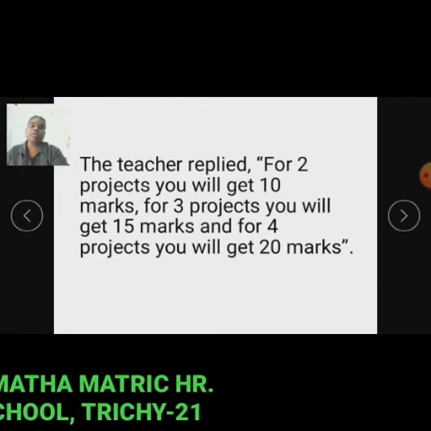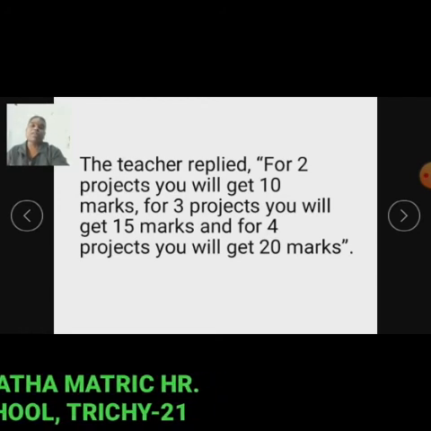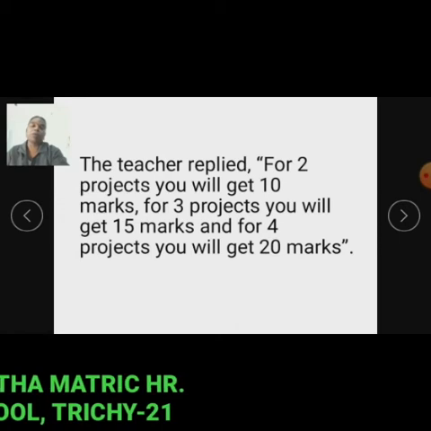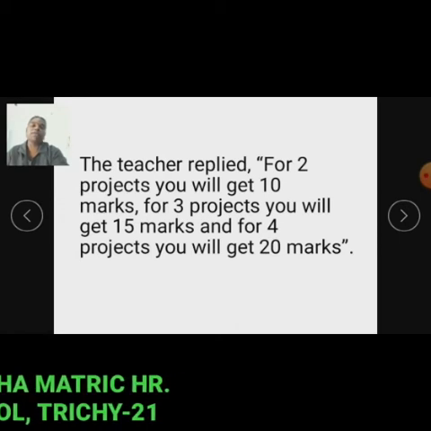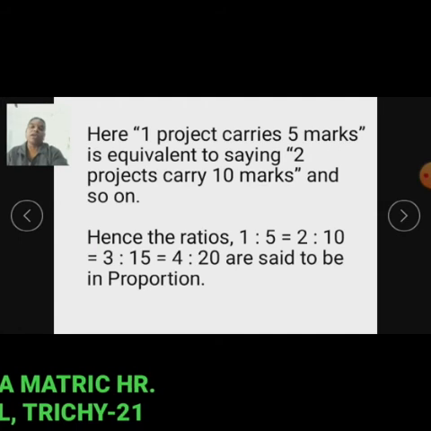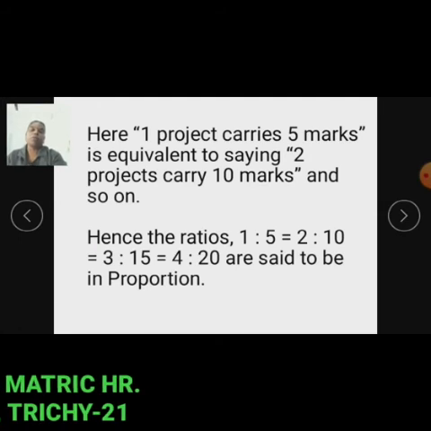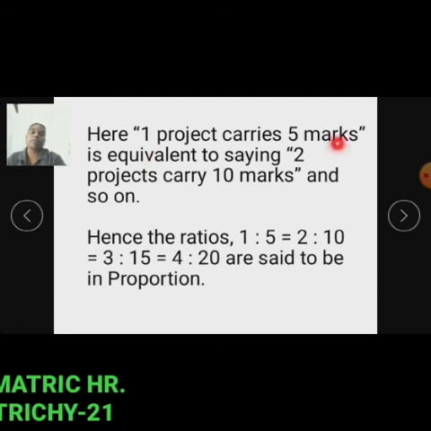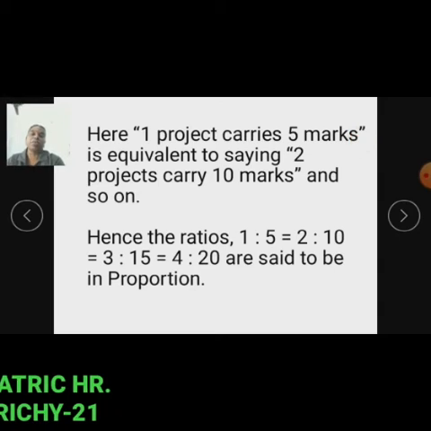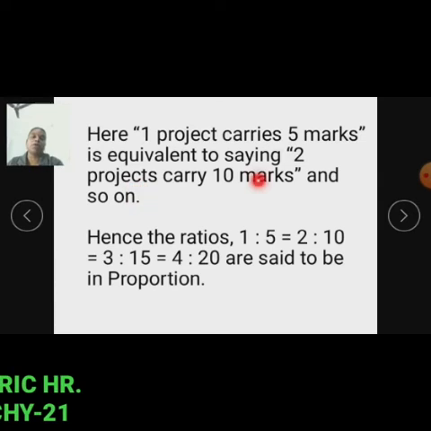For 3 projects you will get 15 marks, and for 4 projects you will get 20 marks.